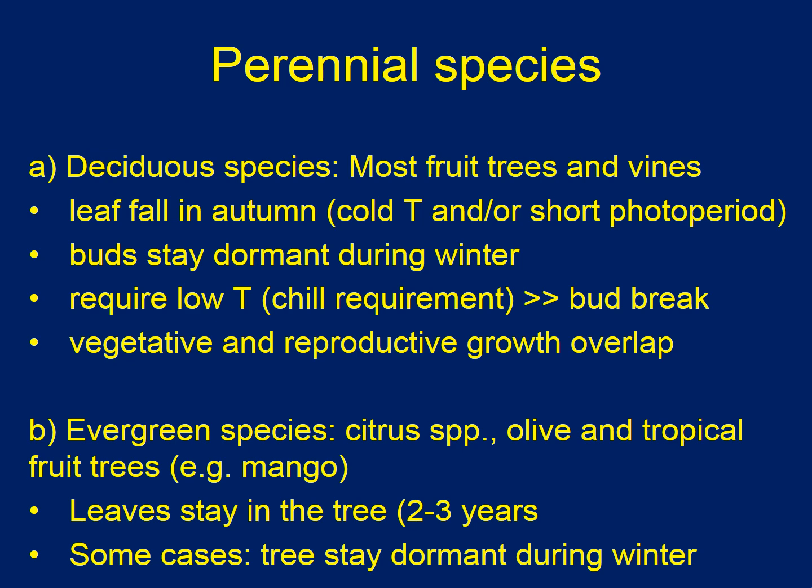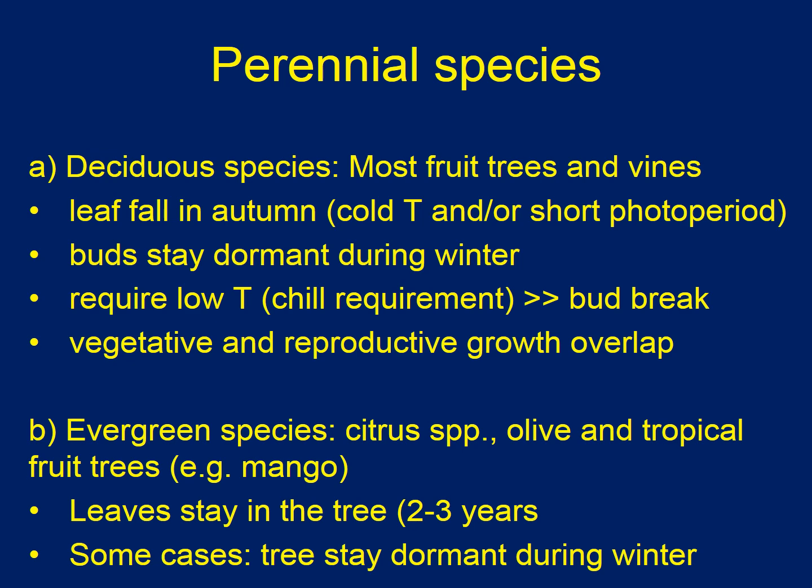We can distinguish between two types of perennial species. First, we have deciduous species, which encompass most fruit trees and vines. They lose their leaves in the autumn in response to cold temperature and/or short photoperiods.